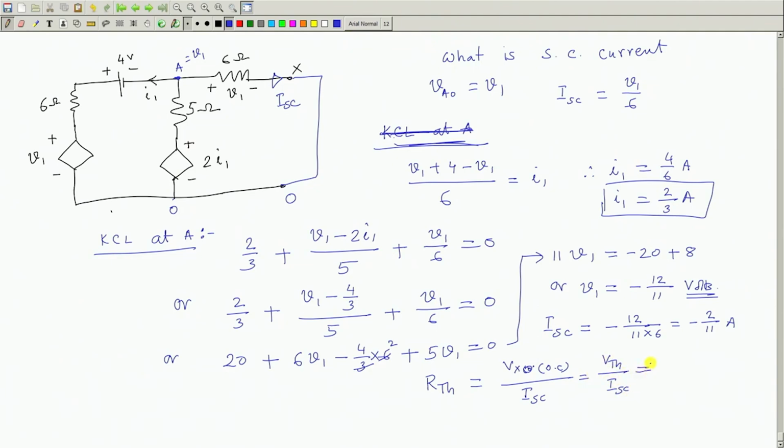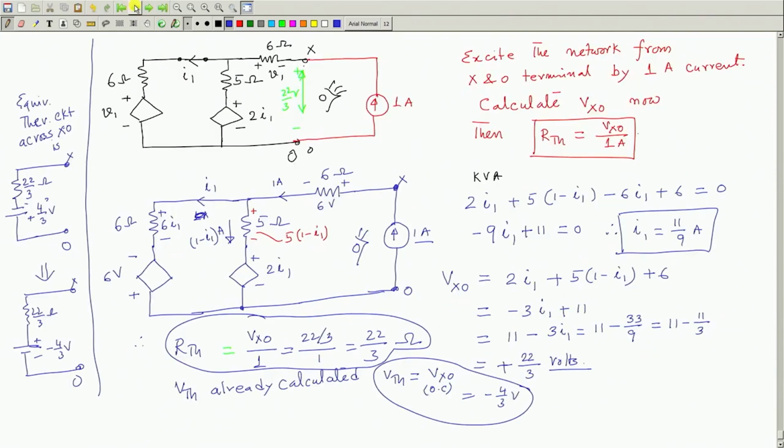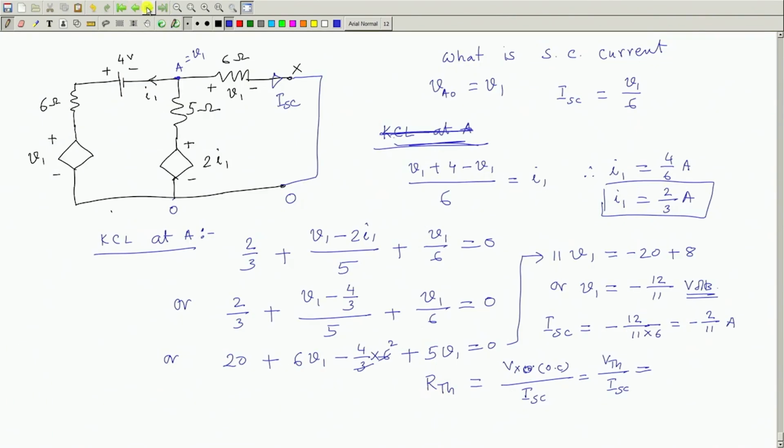And V Thevenin's, how much did we get? Minus 4 by 3 volts. So, you put those numbers. Minus 4 by 3 divided by minus 2 by 11, and this once again will become equal to 22 by 3 ohm.